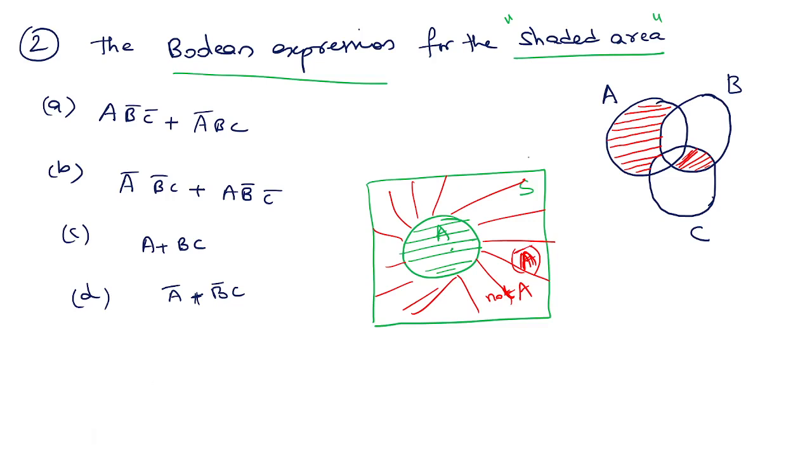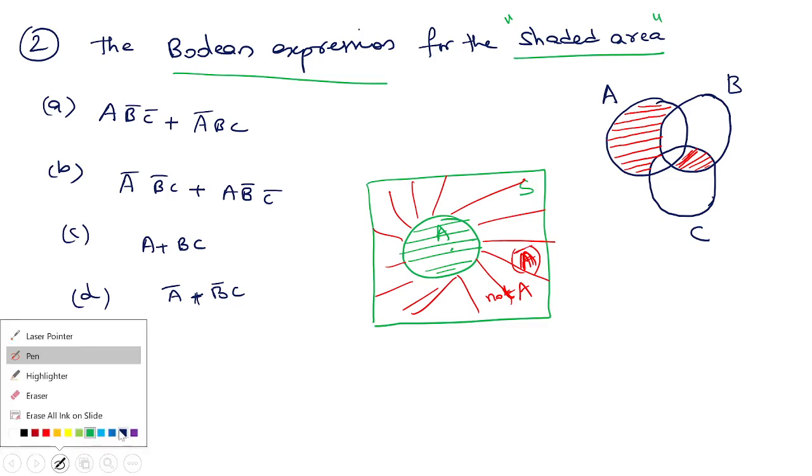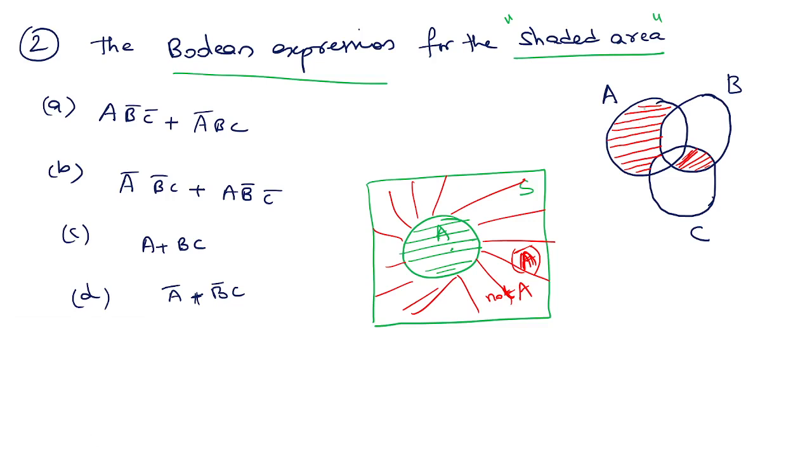So if you look at this region that is highlighted here, let me change to another color. This region is present in A and not present in B and not present in C. Am I correct? Right.